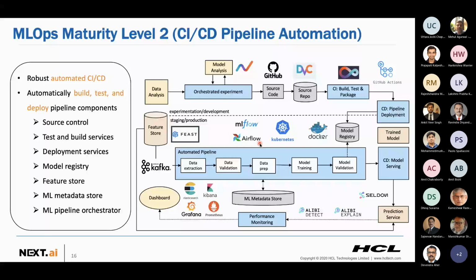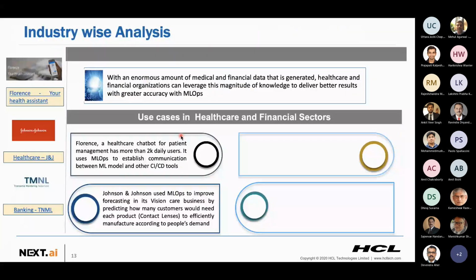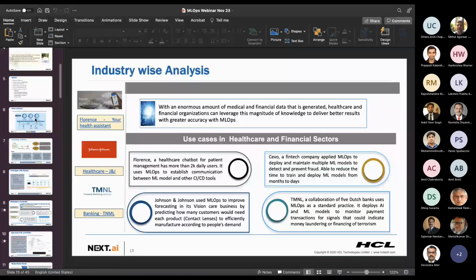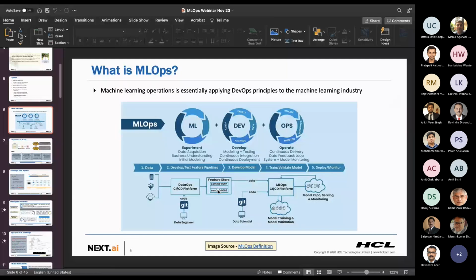And Feast has been used as a feature store. So here we can see the feature store. It is bridging the gap between the data engineers as well as data scientists. It maintains a repository of all the features that are being used for a particular use case.